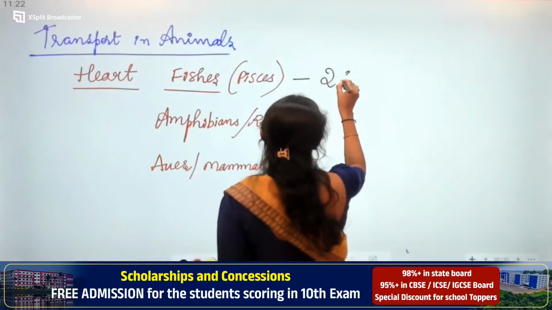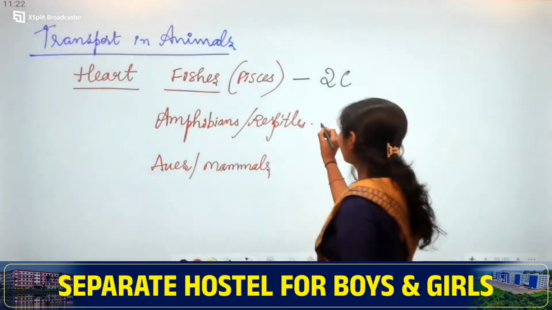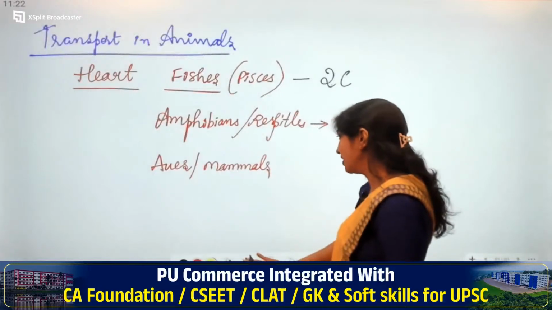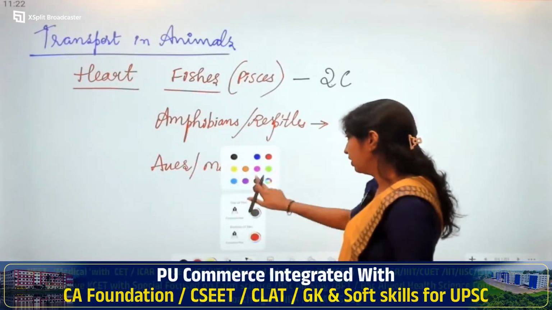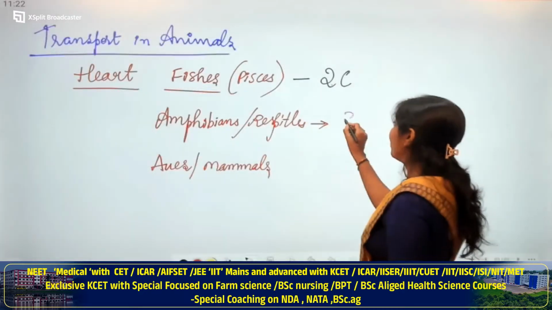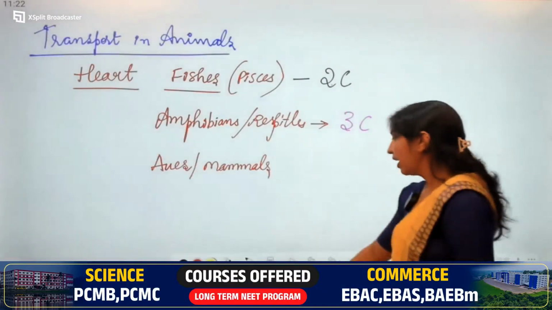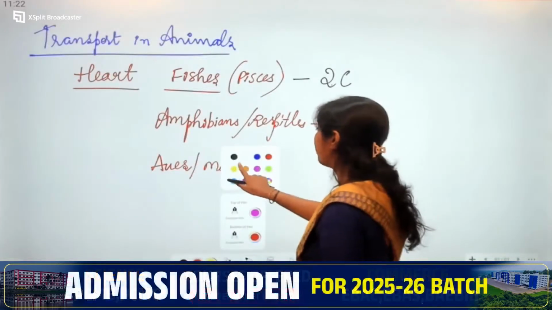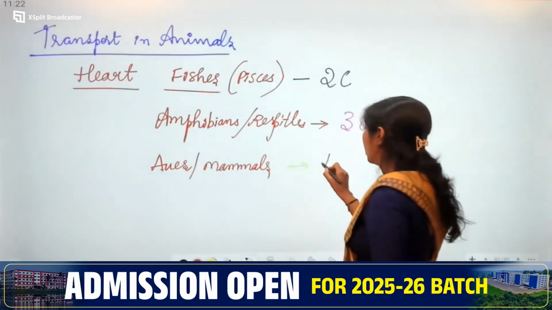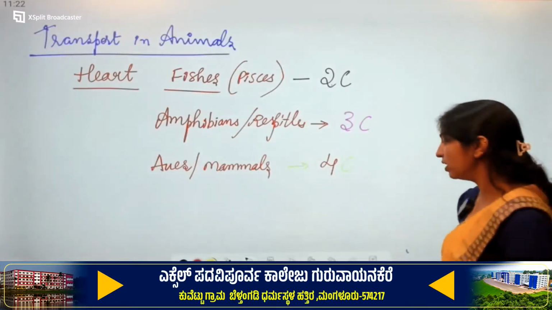Then amphibians and reptiles, how many chambered heart do they have? Amphibians and reptiles have 3 chambered heart. And aves and mammals have 4 chambered heart, correct?